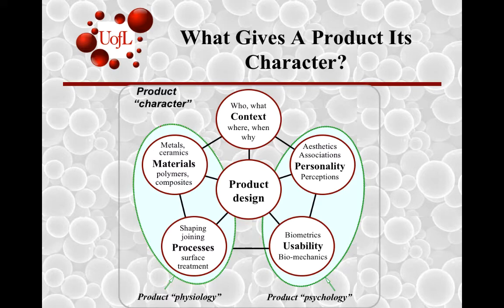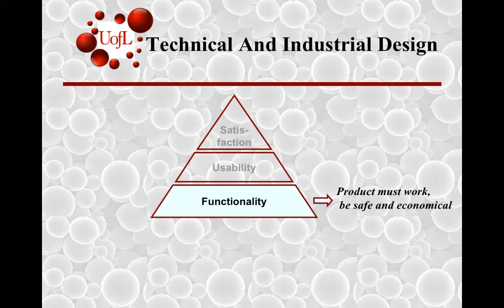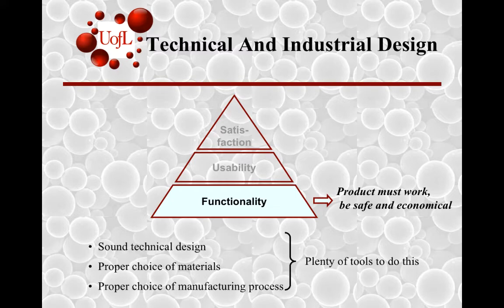That doesn't mean the right side is not important, but it just gets covered differently. So in combining technical and industrial design, we focus on functionality, which is the bulk of this course, and how we choose materials and manufacturing processes once design constraints are identified. These are the tools that we will look at in this course.